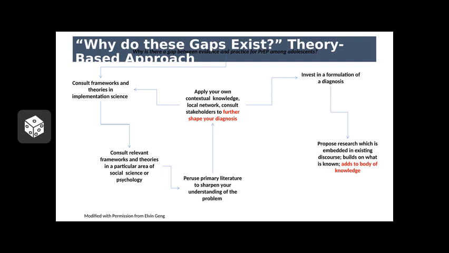You might think about really sharpening your implementation diagnosis. What is the specific issue? You really think about developing an implementation diagnosis, just like you would a clinical diagnosis. I know many of you are clinicians. And then you can either propose research or develop a program to specifically address that implementation barrier and that implementation gap.